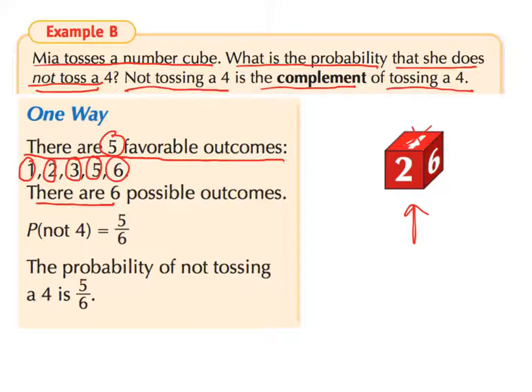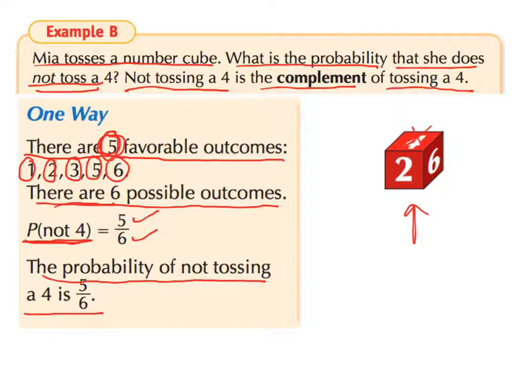And there are 6 possible numbers on the cube. So the probability of not tossing a 4 is 5 over 6.